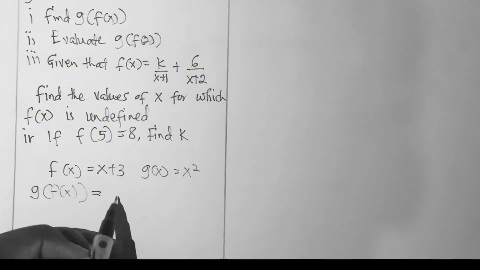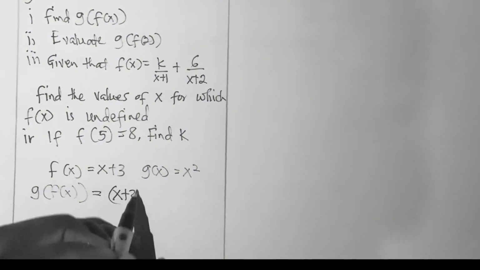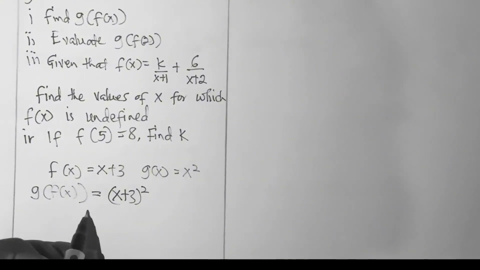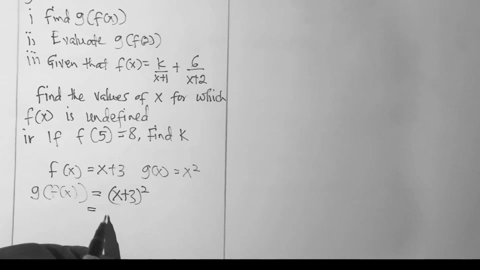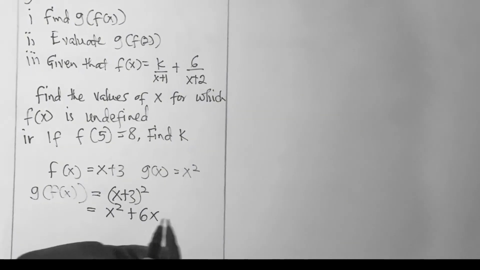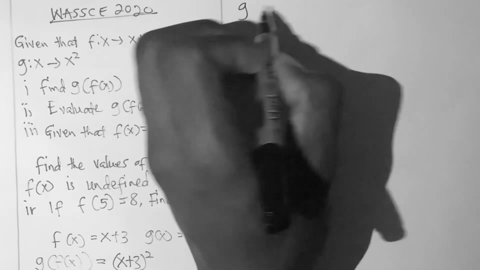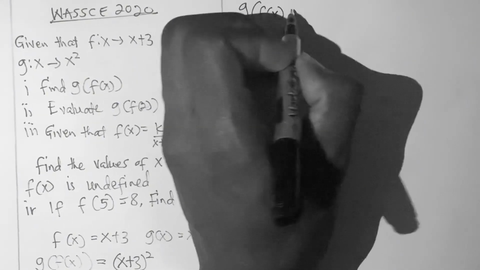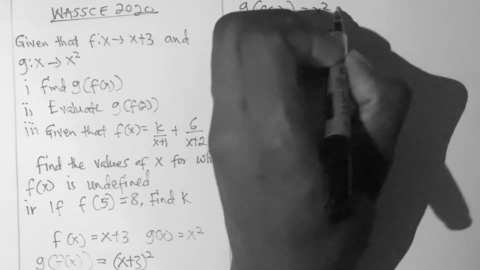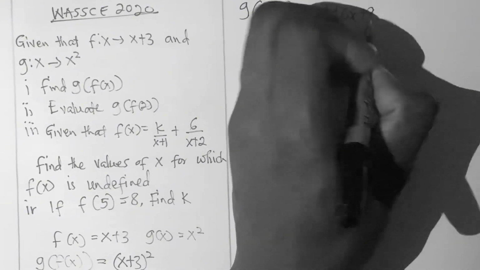So this is equal to x plus 3 squared, and that is equal to x squared, then plus 2 times x, which is 2x, times 3 becomes 6x, plus 3 squared, which is 9. g of f of x is equal to x squared plus 6x plus 9.